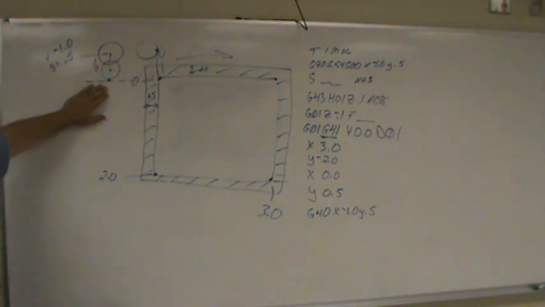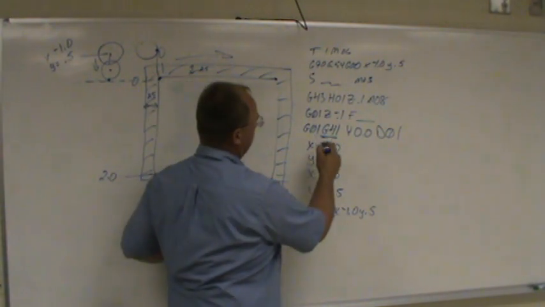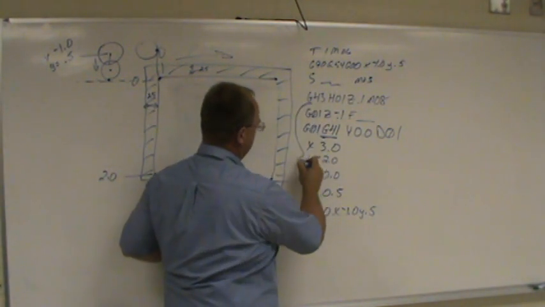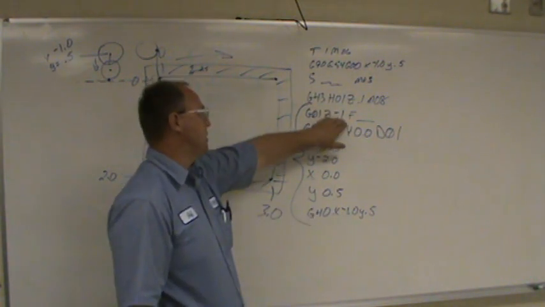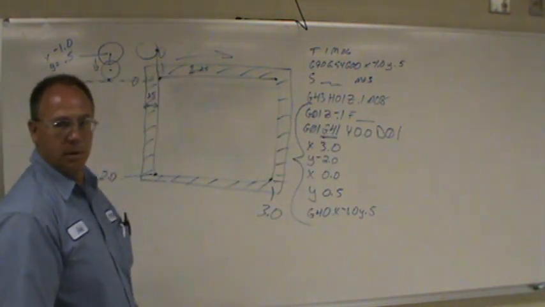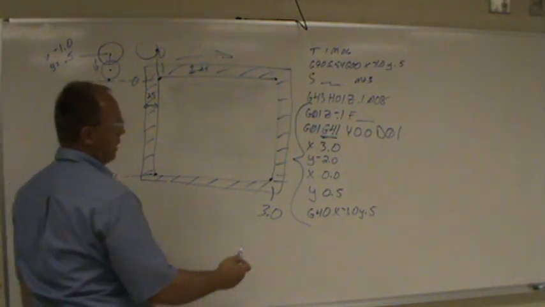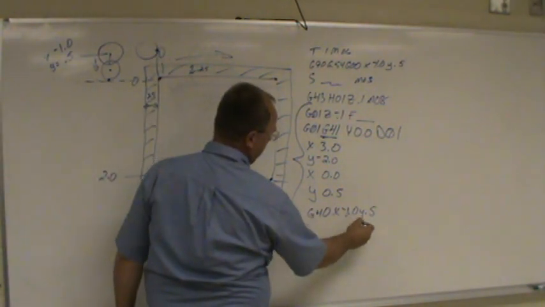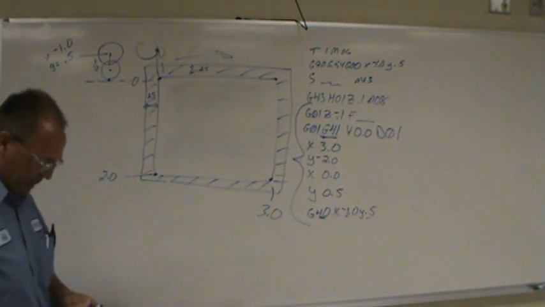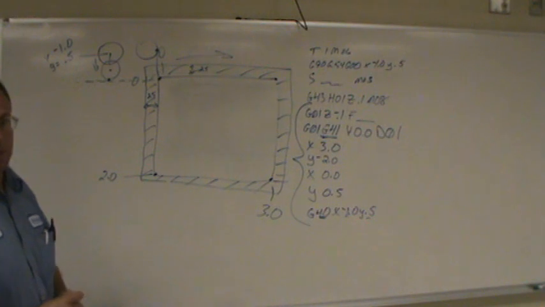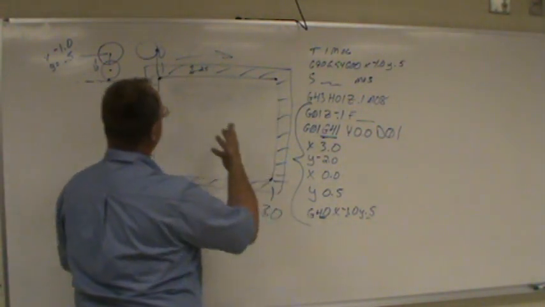If we have to make multiple passes, we can copy everything from here to there and just repeat it by changing our Z depths. But it is important for you to come back to your start point and turn off your cutter comp every time you change your Z depths. Otherwise you're going to end up getting errors.